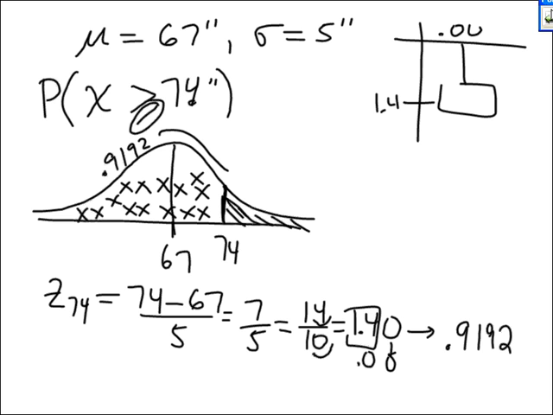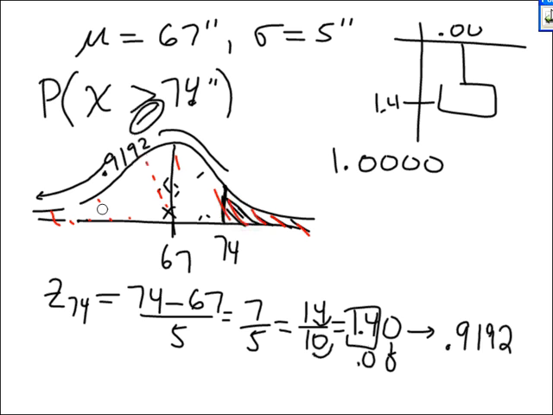Okay, so now I know the area that I don't want. Well, the whole area is 1.000, and that's everything that I am putting in red right now. But then I take away what I don't want. I don't want what's to the left of 74 inches. So from 1, which is the whole area, I take away the area to the left of 74, which I just computed to be 0.9192.